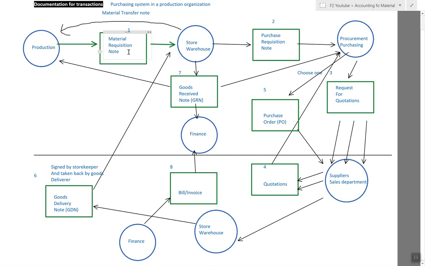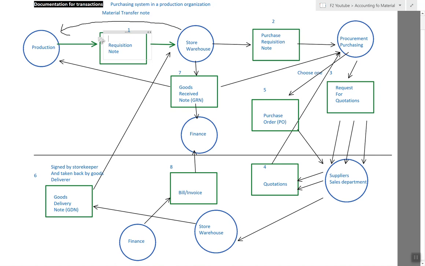So requisition simply means request. In a material requisition note, what the production department is doing is requesting material from the store or warehouse. The store or warehouse is where the material is kept. So material requisition note is a specific document.